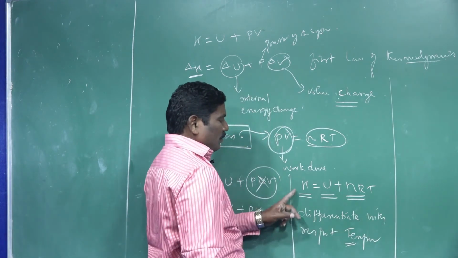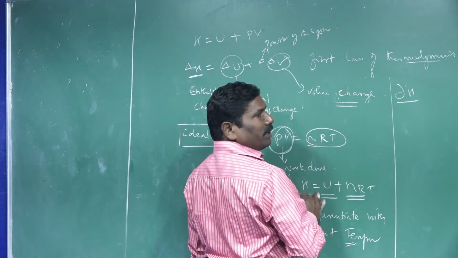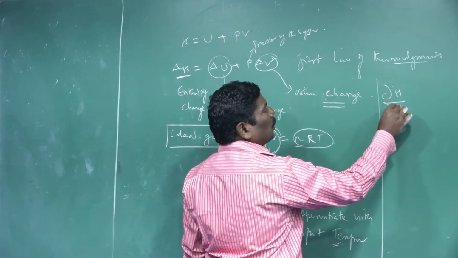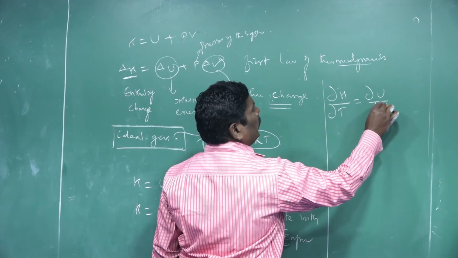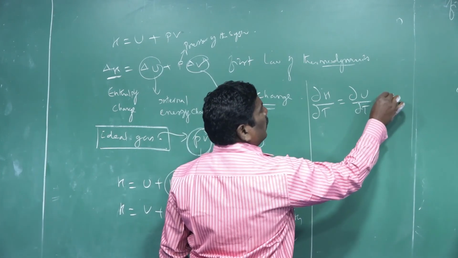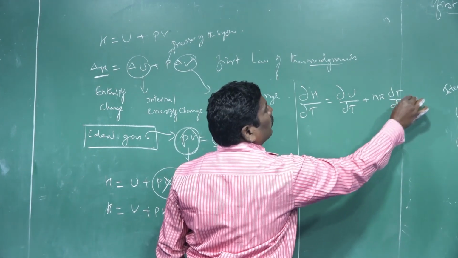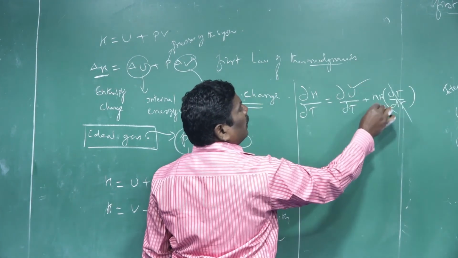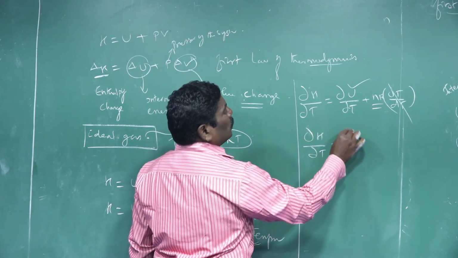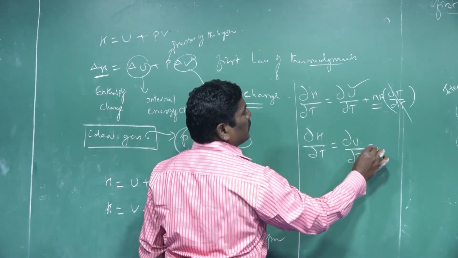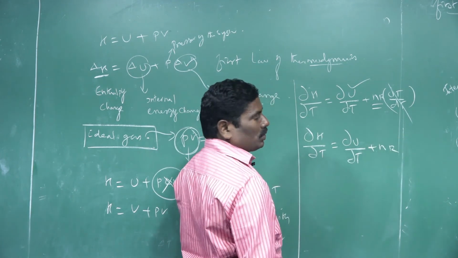Now what will happen, this differentiated equation, that means dou H by dou T is equal to dou U by dou T plus nR dou T by dou T. This all cancels, and you will get dou H by dou T is equal to dou U by dou T plus nR. This is the point you should understand.